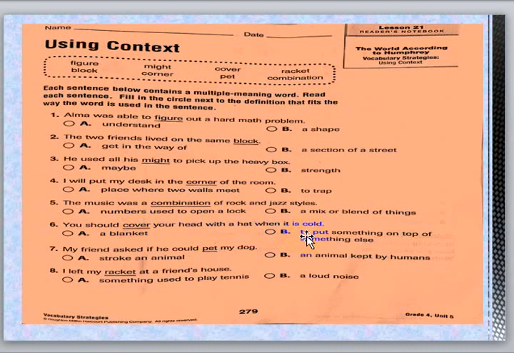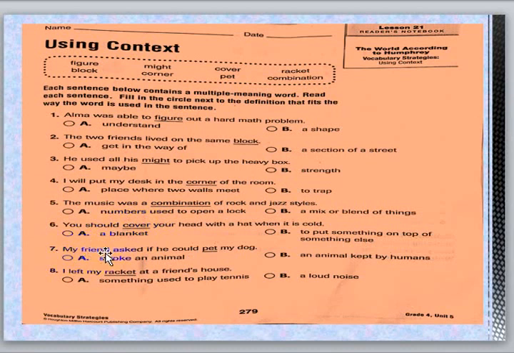So the meaning is to put something on top of something else. Whether you know the meaning or not, you must use the context here and read the sentence well to decide whether this word is a verb or a noun. You must see the word before it and after it and try to decide if it has two meanings.